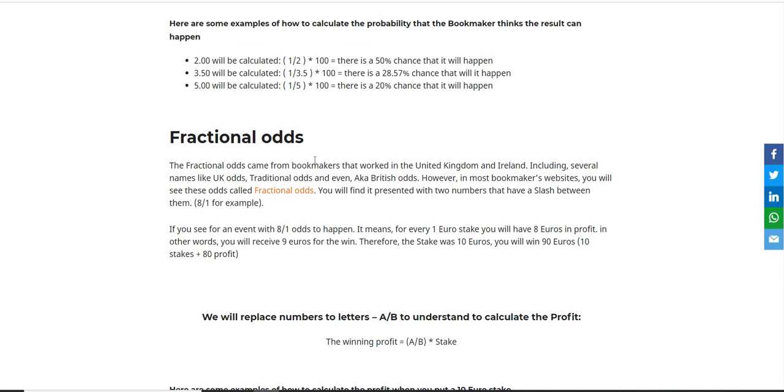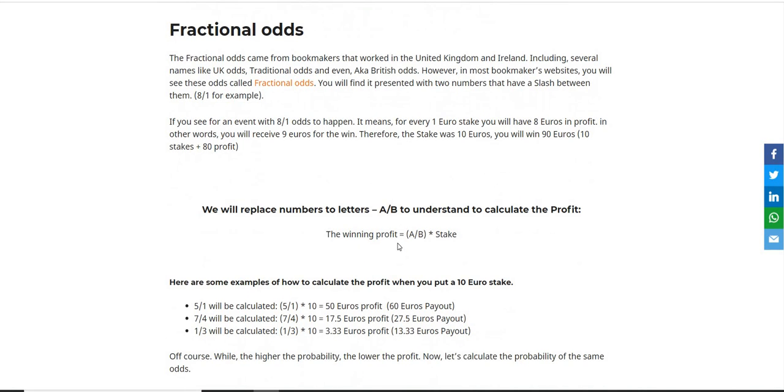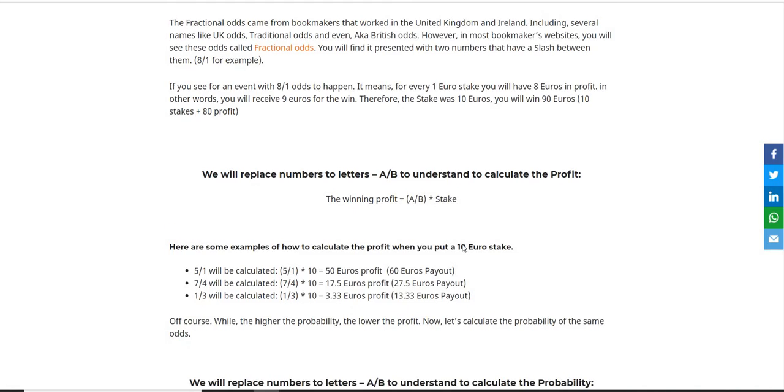Now, fractional odds. We talked about how there is a number, dash, a number. If I represent it as A dash B, you can calculate the winning profit by A divided by B multiplied by the stake.